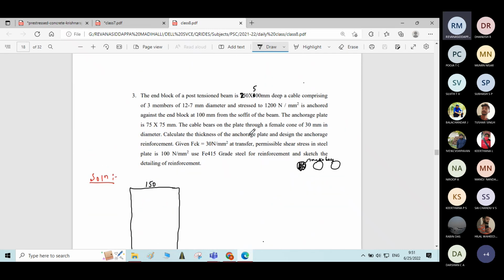I got confused about the data given here. Make some changes here in the problem.